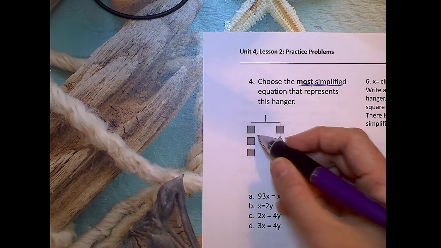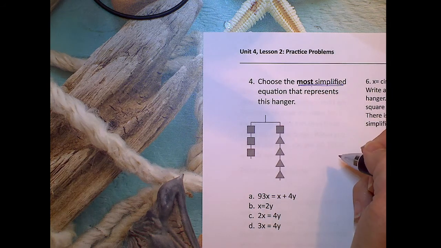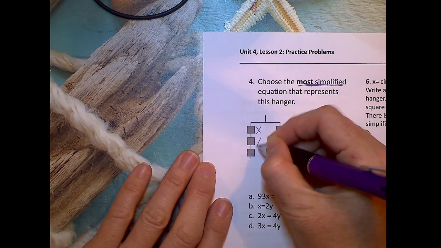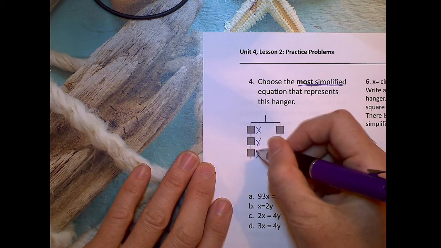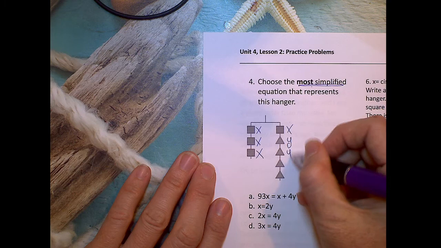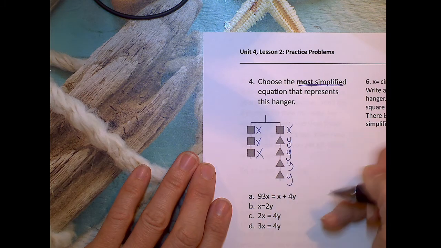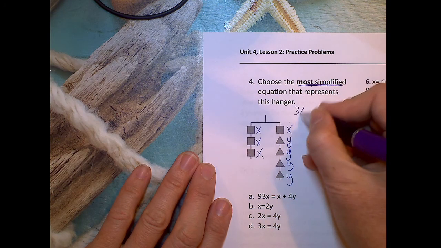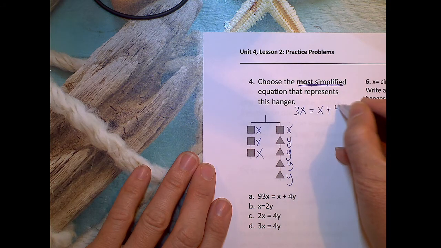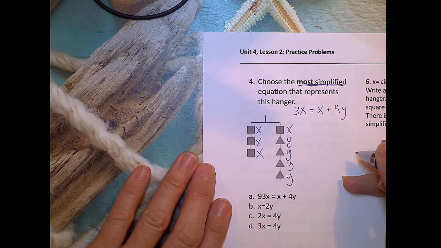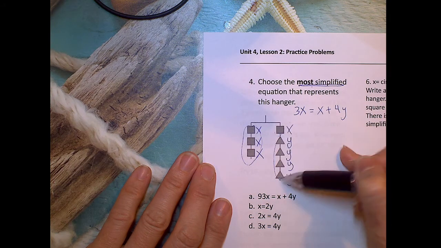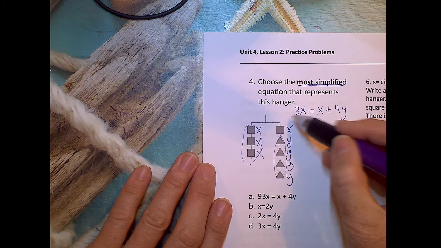So for this hanger, I'm going to call a square x and a triangle y. Then I have 3x on the left side, and that is equal to x plus 4y on the right side.